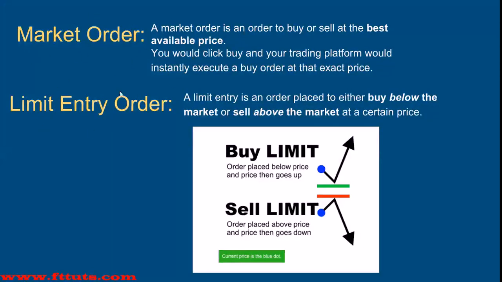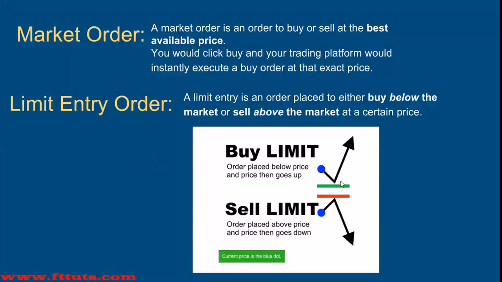Now, a limit entry order is placed to buy below the market. Let's say this blue dot right here is where current price is. But you think that price is going to spike down, that it's going to do a stop hunt low 25 pips down.